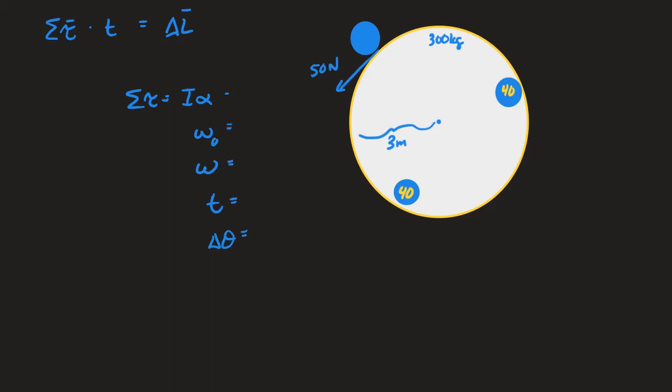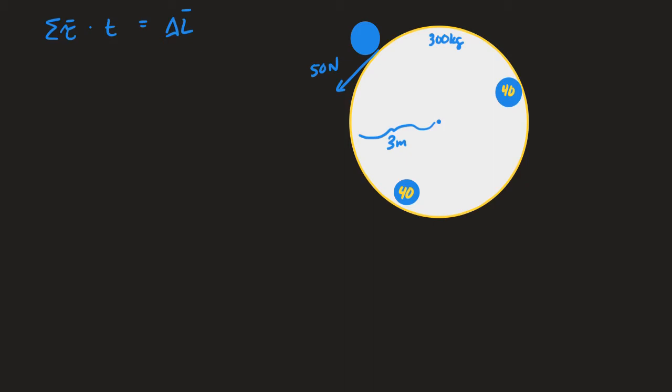That would work out just fine. I'm choosing not to do it that way to demonstrate there are alternatives, but you could. It's the same thing. Any unbalanced torque has to cause an acceleration.